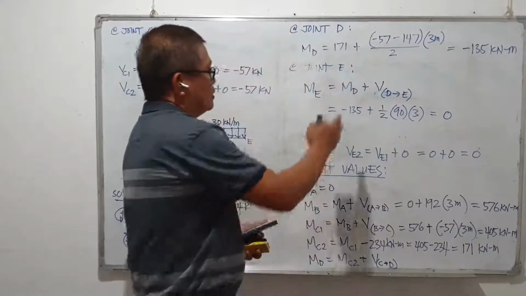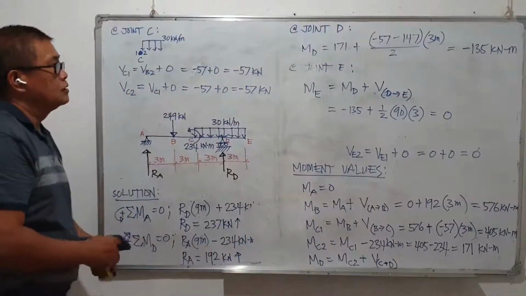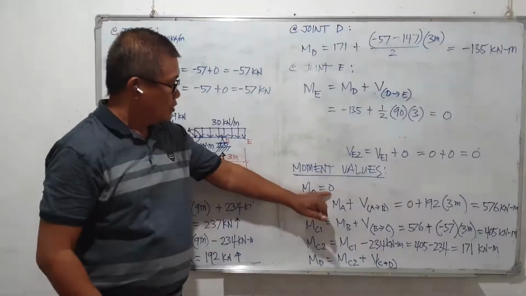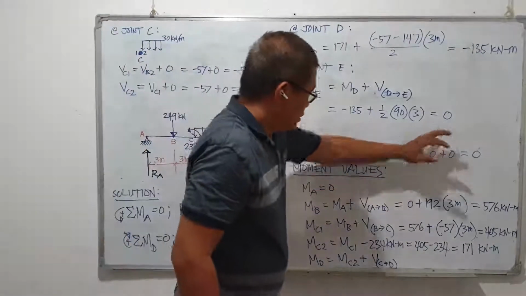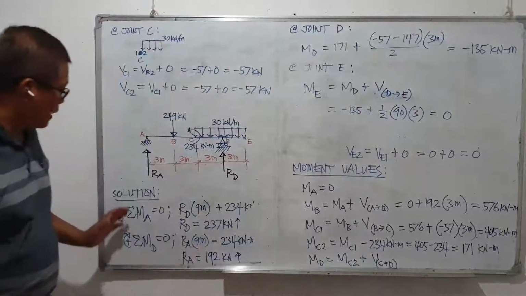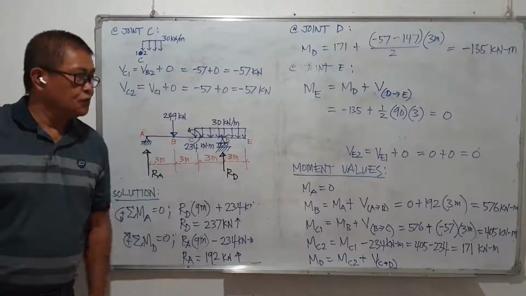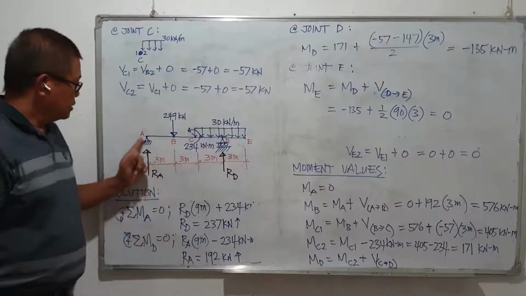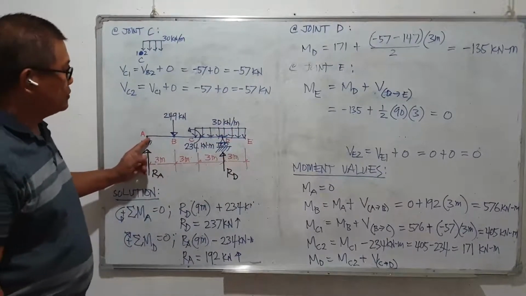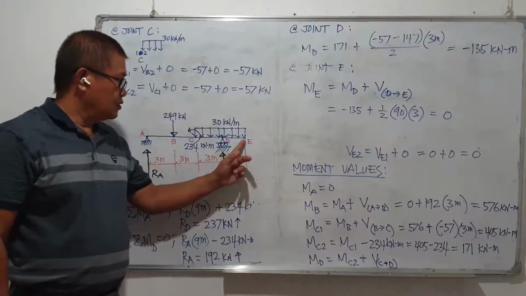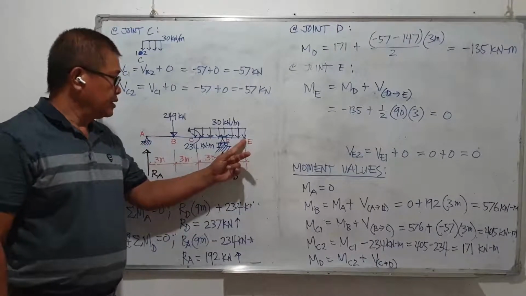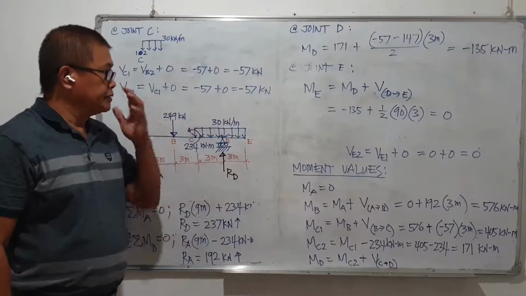Okay. It also completes our moment values, and it starts with 0 and ends with 0. That indicates that our moment values as computed are correct at this point, because if you start with 0 for the moment diagram, it should also end with 0 at the right end, whether this is a support or a free end.